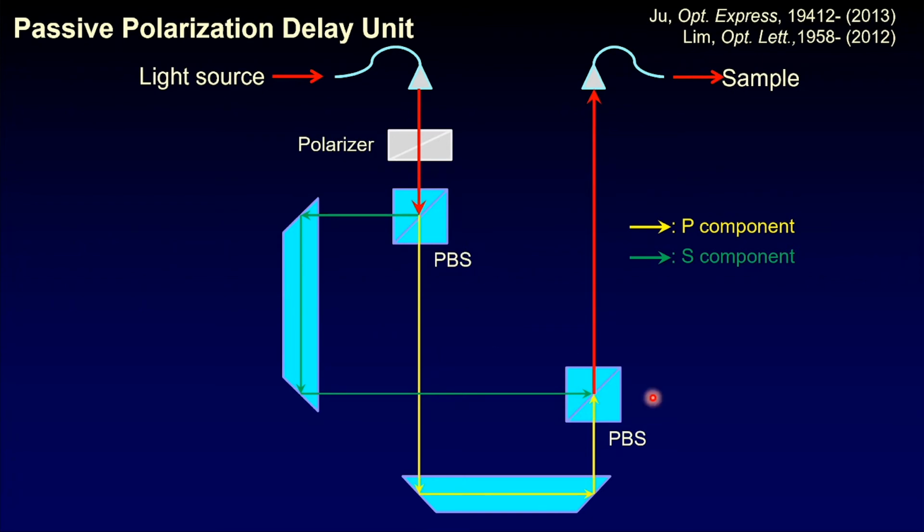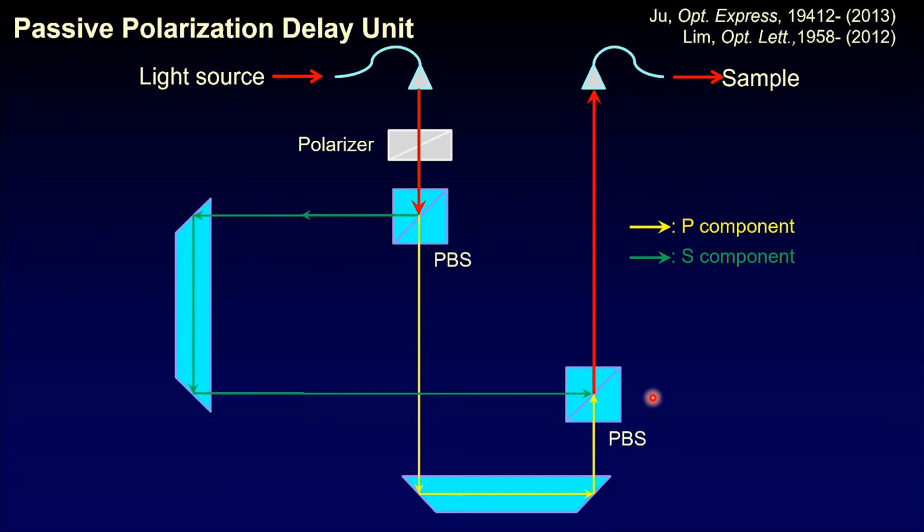That's it. However, by using this configuration, we can apply a particular delay to one of the polarization components. The beam is split into two, and propagates, and one is delayed relative to the other, mutually delayed, and then combined. So this means you are going to have two beams in a time sequence now. Okay, one is P and the other is S.